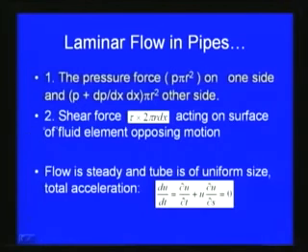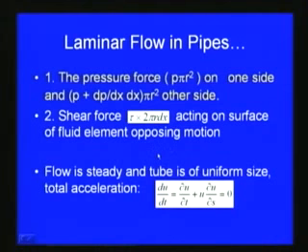That is our aim. So, the forces are the pressure force P into pi r square on one side and P plus dP by dx into pi r square on the other side, and the shear force tau into 2 pi r dx acting on the surface of the fluid element, opposing the motion.